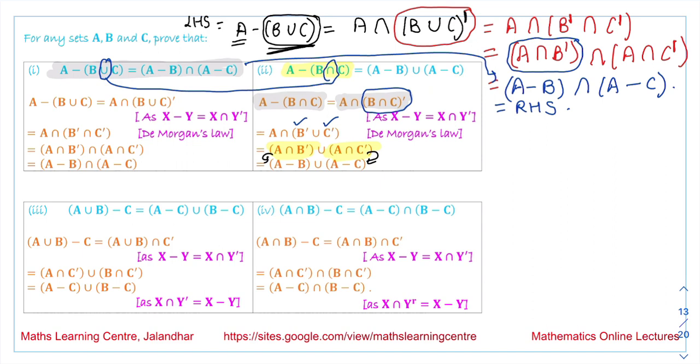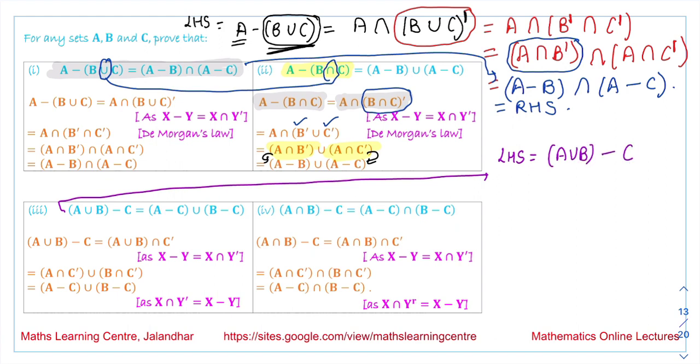Now coming to the third part, the LHS we have is A union B minus C. So we can write this is equal to A union B intersection C complement.